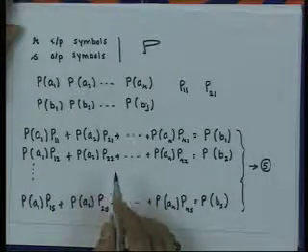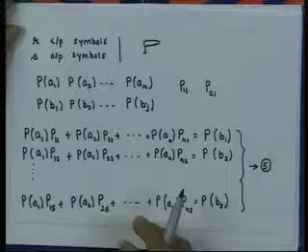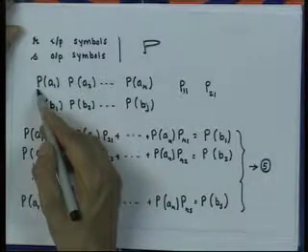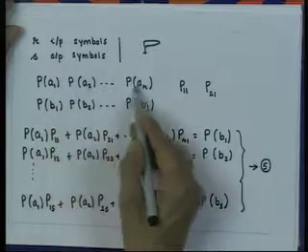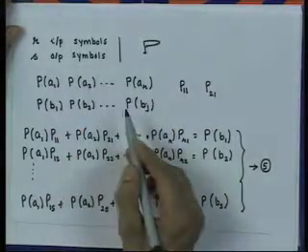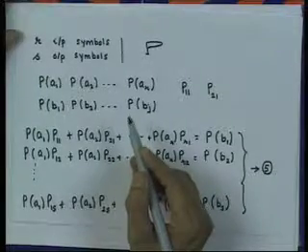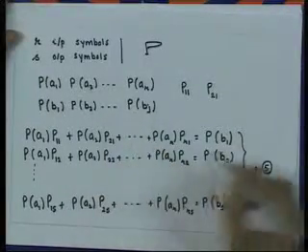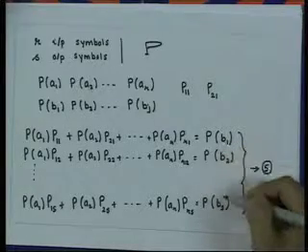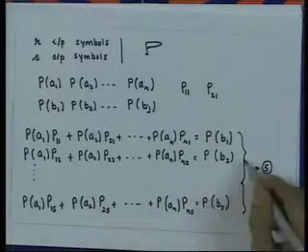Now, for further discussion, we will assume that we are given the probabilities P(A1), P(A2) up to P(AR) and the conditional probabilities P(Bj given Ai), so that probability of Bj's may be calculated from this equation.